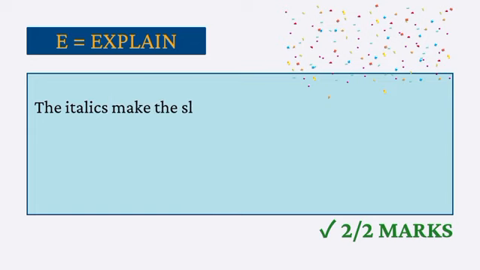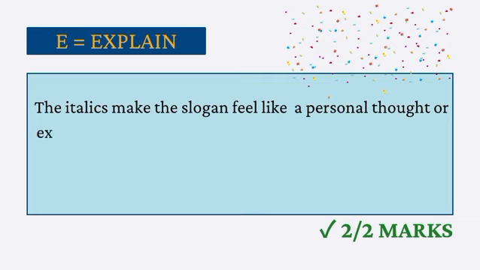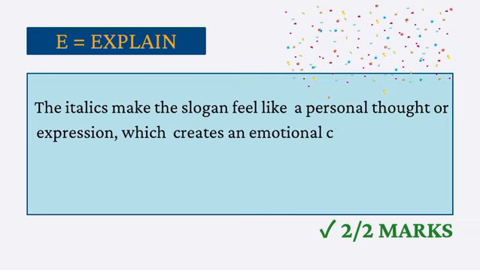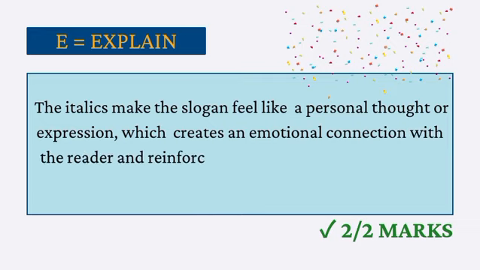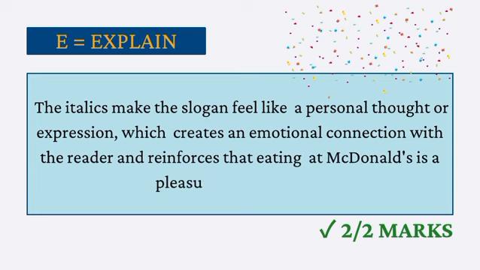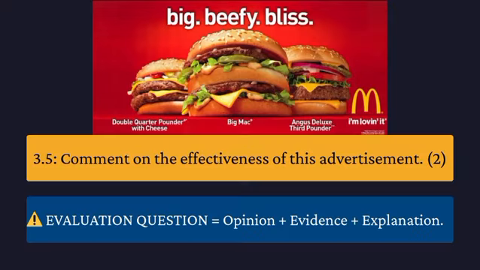Explain: the italics make the slogan feel like a personal thought or expression, which creates an emotional connection with the reader and reinforces that eating at McDonald's is a pleasurable personal experience. 2 marks. Point, reference, explain.